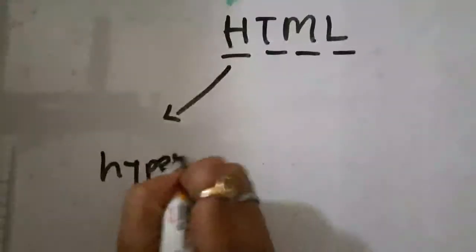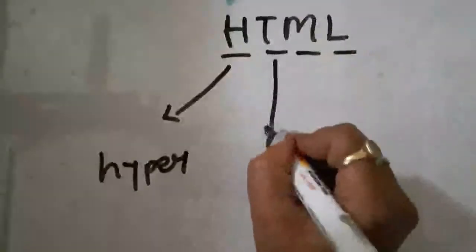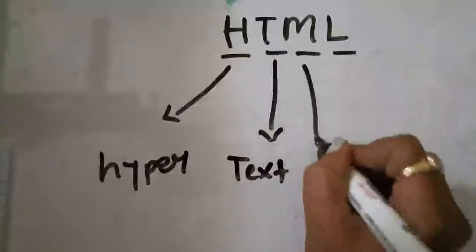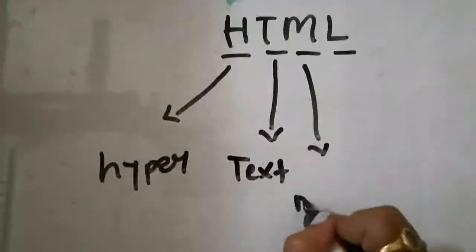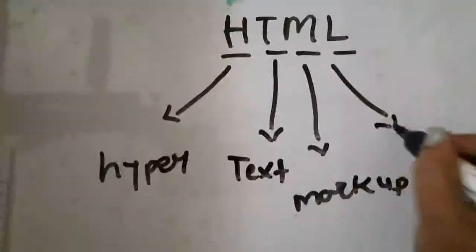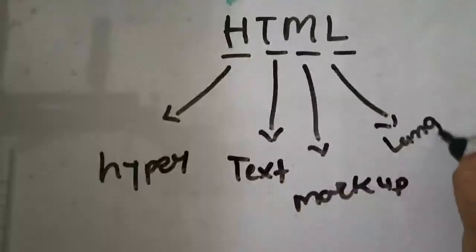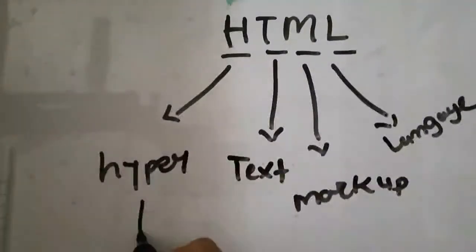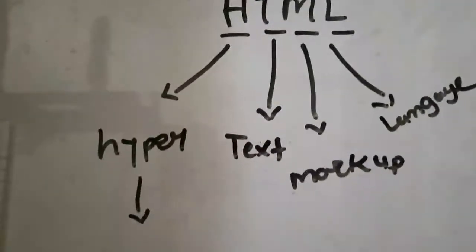H stands for Hypertext, T means text, M means markup, and L means language. Hypertext means a reference to a link.